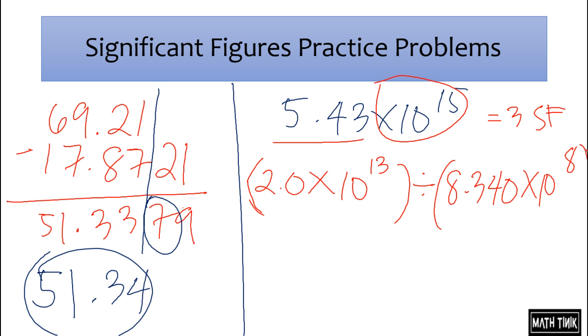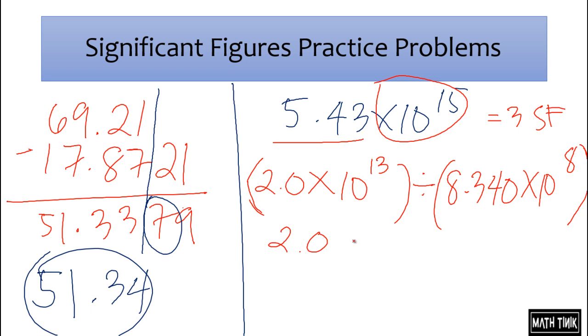Of course, if you have your Casio calculator, there's no need to do this because it's easier there. However, if you don't have a scientific calculator, you have to do it like this.